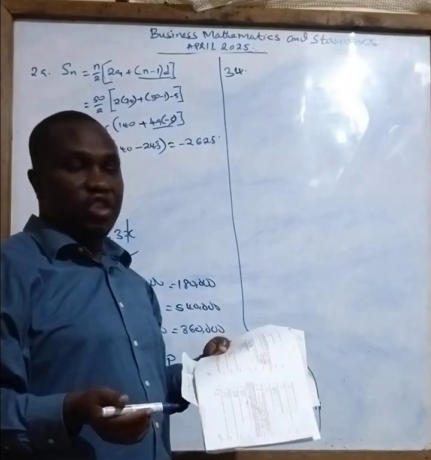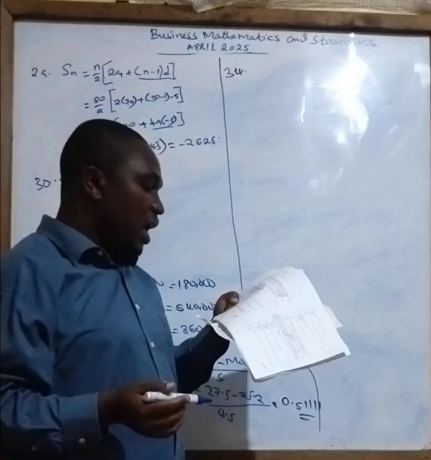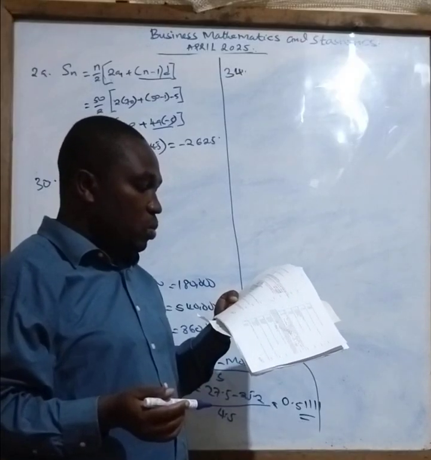So this is permutation. We have been told to calculate the number of ways a chairman, treasurer, and secretary can be formed from a group of 9.